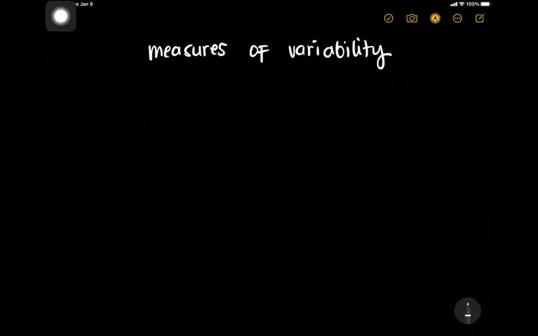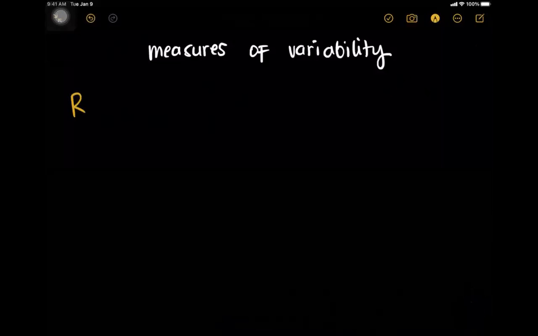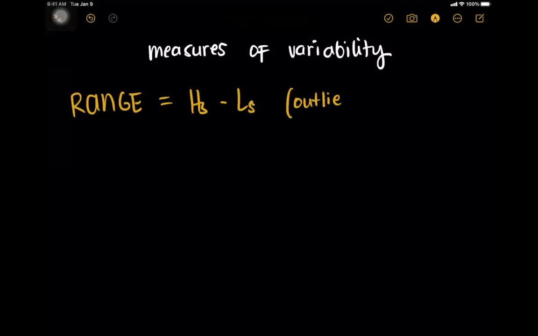Let's take a look first at our range. What is the relevance of our range? We know that our range is the difference between the highest score and the lowest score. However, there are other factors that would affect the range of a particular data set, what we call outliers. What do we mean when we say outliers?